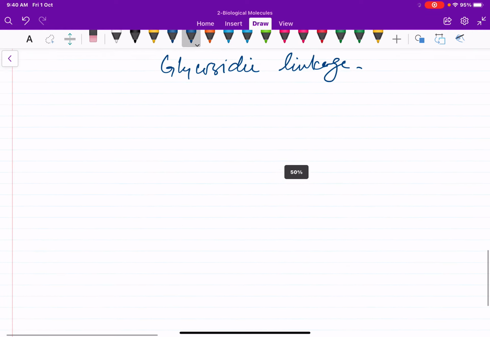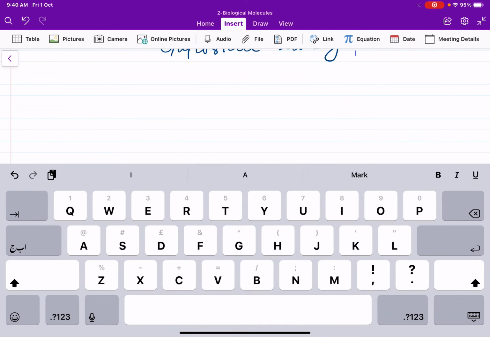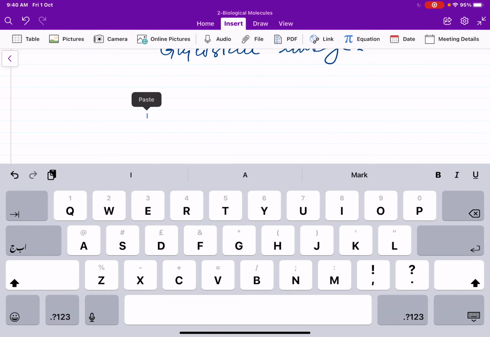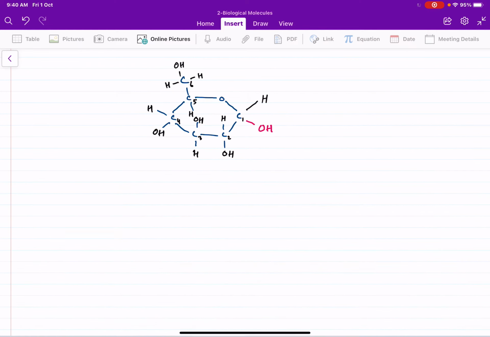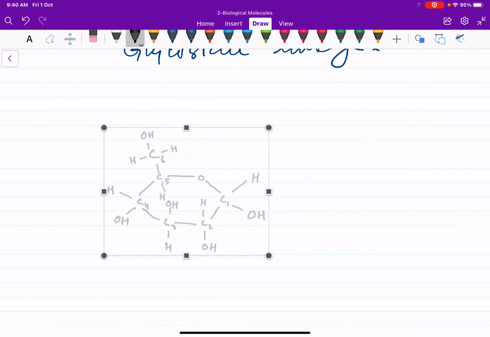So alpha glucose will be, as I have already drawn in the case above. So this is an alpha glucose.